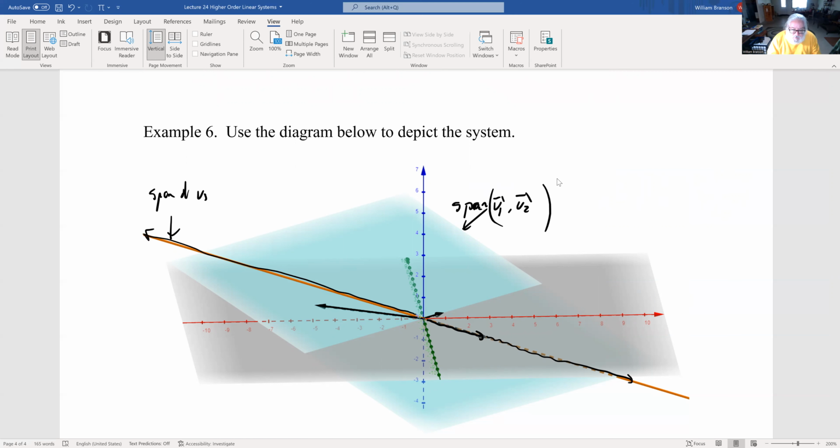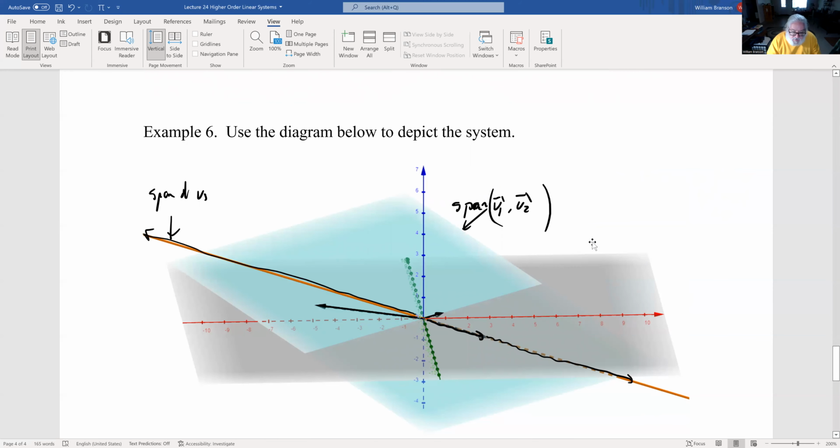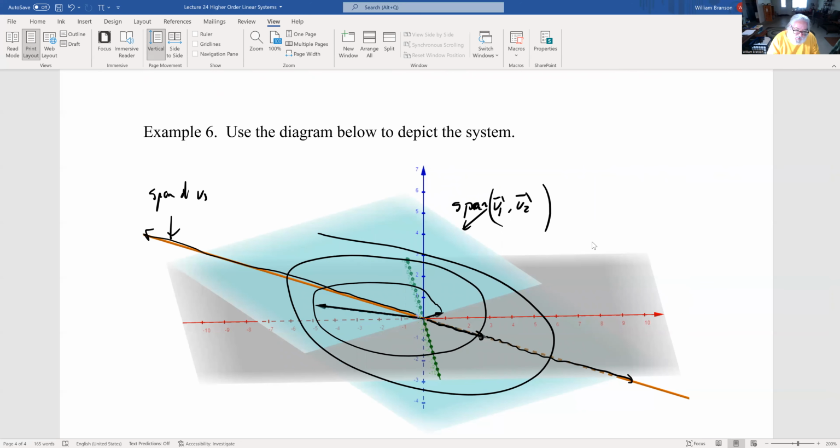And v1 and v2 is this plane. And what we have is a spiral source. So in the blue plane, we have spirals going out like that and spiraling in towards the origin.